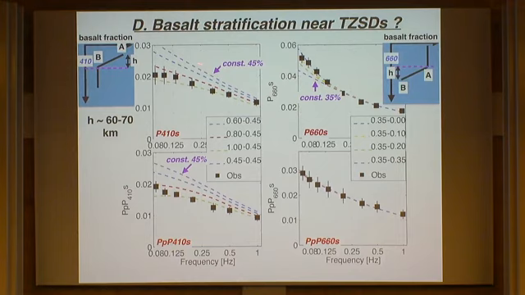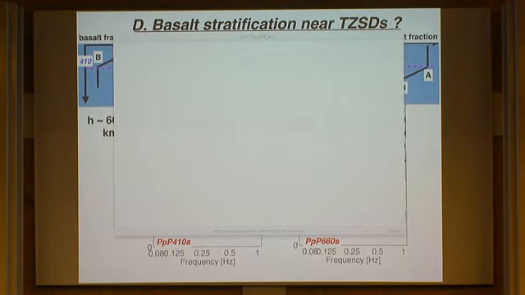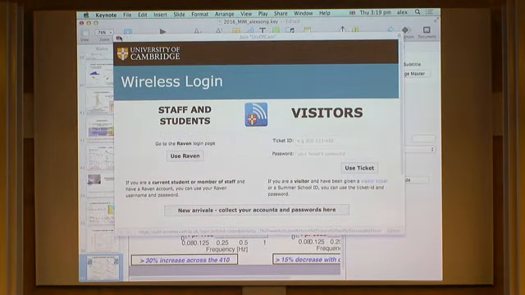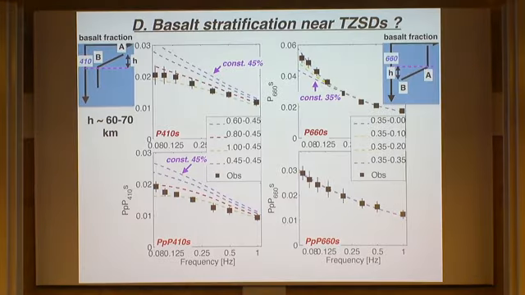Then if we allow the basalt fraction to change as a function of depth, in this case the basalt fraction increases toward shallower depths over some scale, defined by h. What you can easily observe is an interesting indication: when there's a large increase in basalt as a function of depth, this provides a much better match to the data.